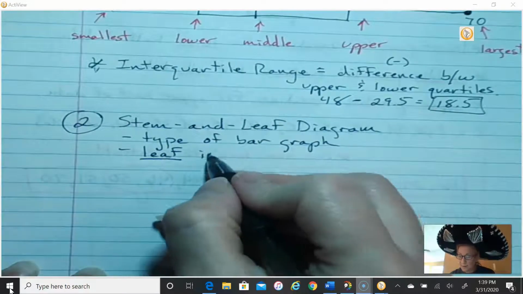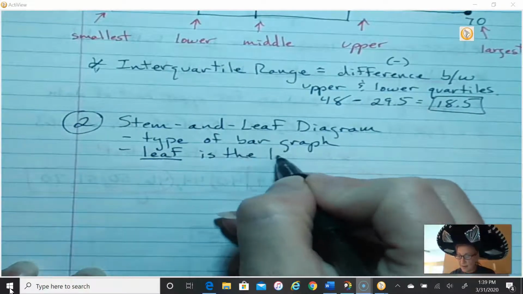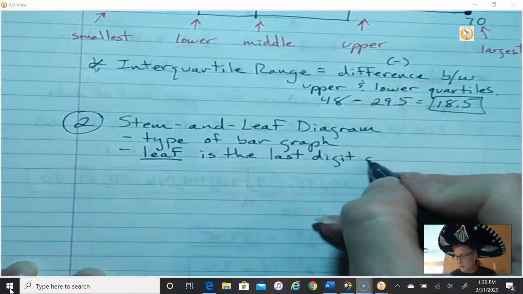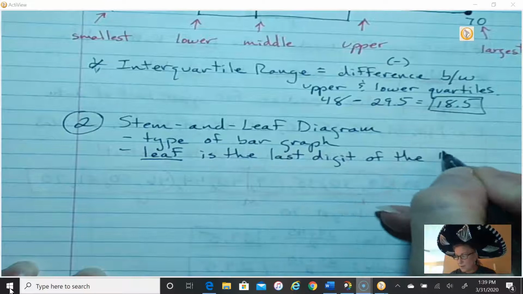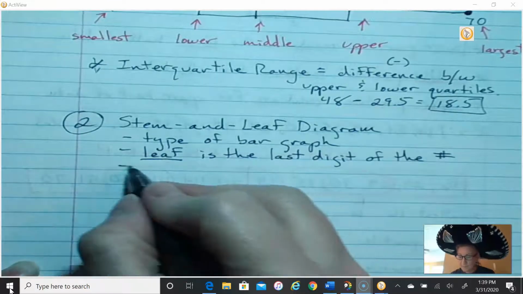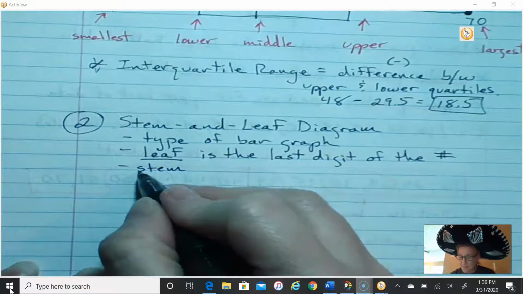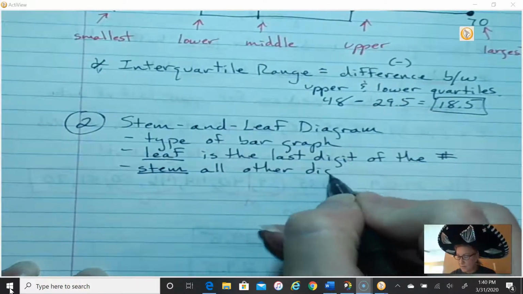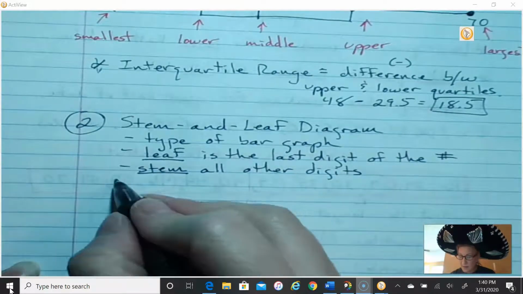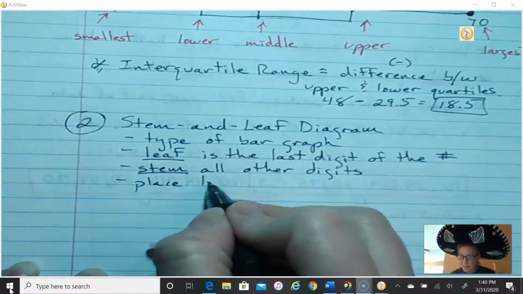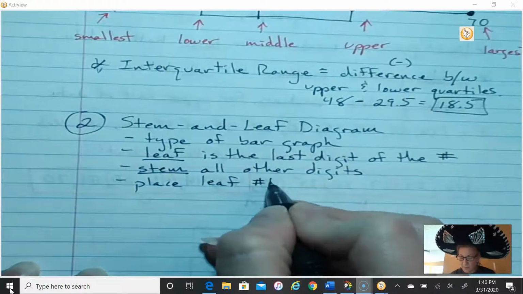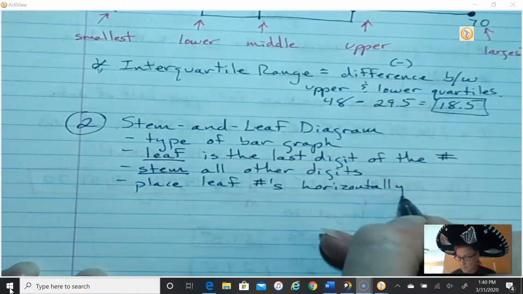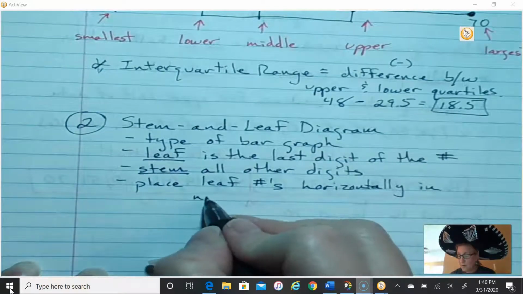The leaf is the last digit of the number. The stem is all other digits. And you place leaf numbers horizontally in numerical order.